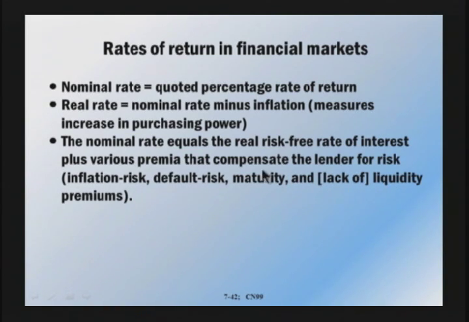So a lender is going to start with some real risk-free rate of interest, and they'll expect to be compensated or rewarded for bearing the risks that they bear. And that reward for bearing those risks is called risk premiums.